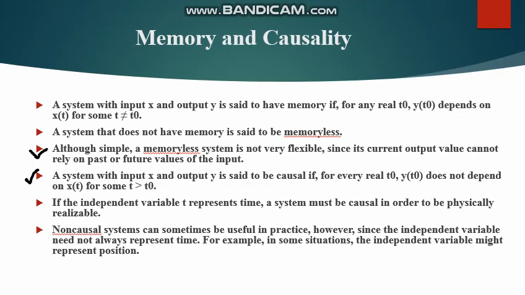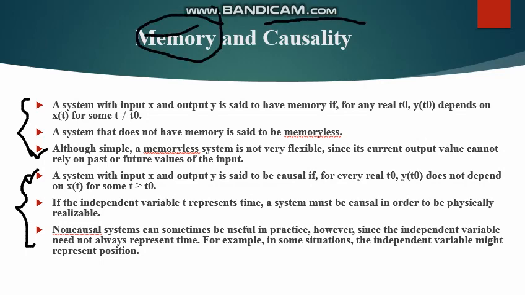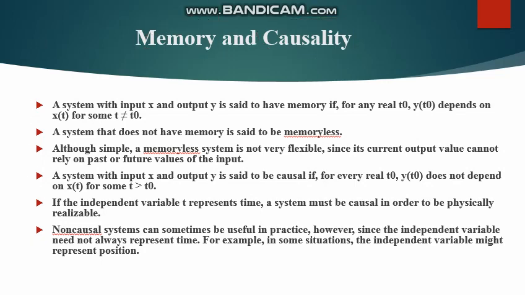Fourth point: a system with input x and output y is said to be causal. Now this topic is causality. That was memory and memoryless, which has been discussed. Now the next topic is causality. Think about these points to understand this.